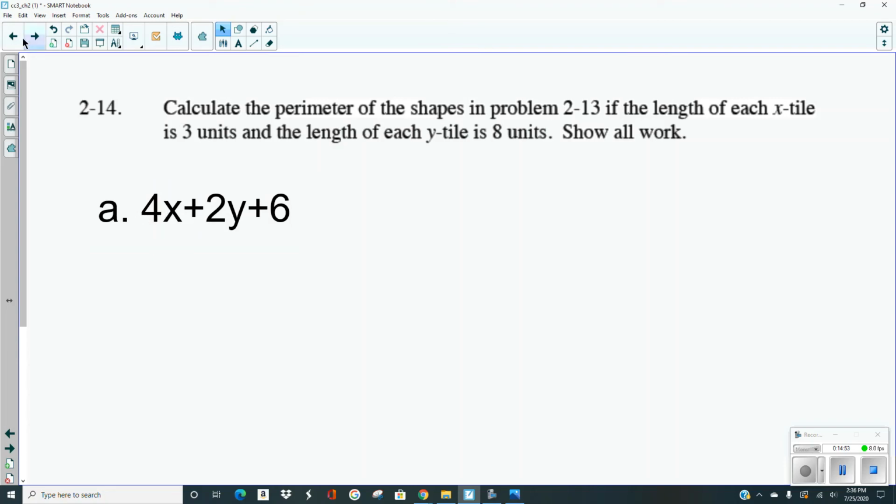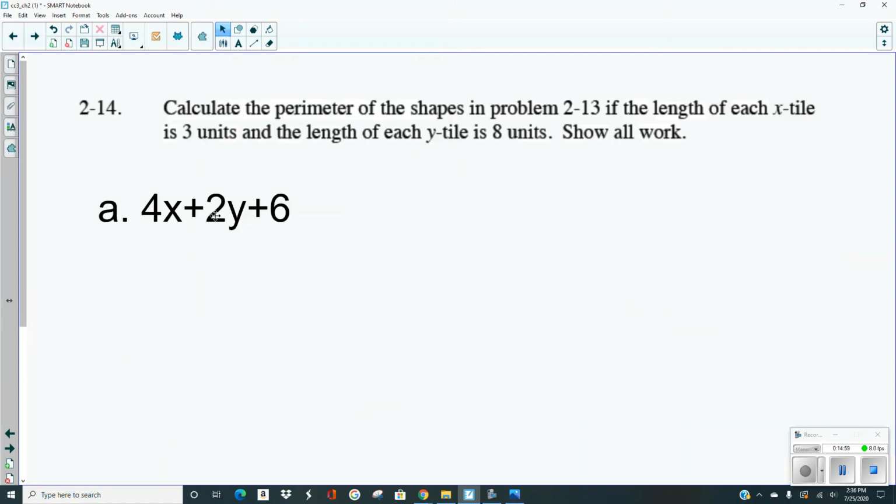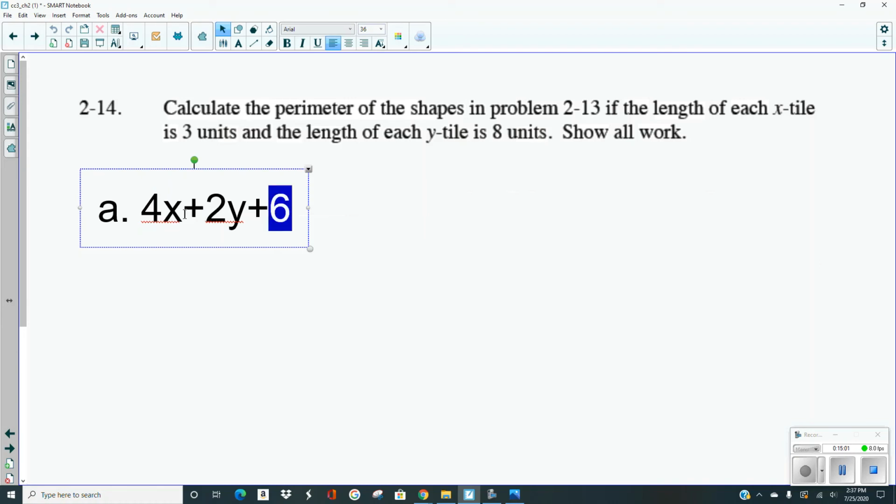So for example, for A, we got 4x plus 2y plus 6. Or it could be the other way around according to the commutative property. So if we wanted to write it down as 2y plus 4x, either way, the commutative property says the answer is the same.